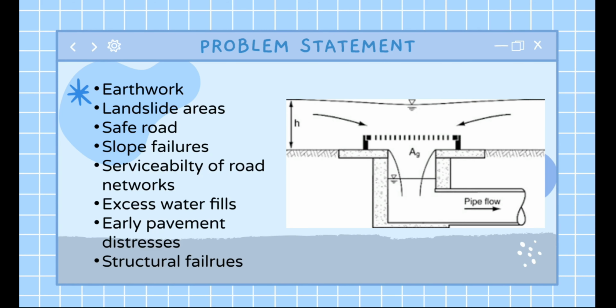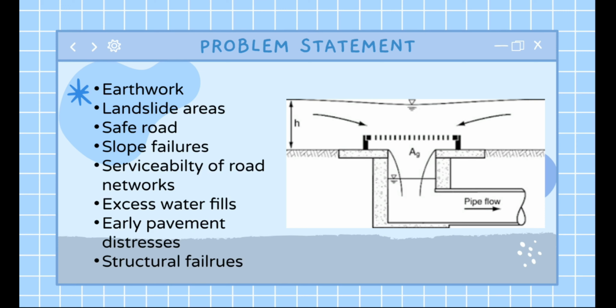For the problem statements, our group has chosen Kampung Sungai Yap for our final project. The project site has cut earthwork and fill earthwork in order to construct a 600 meter long road. The landslide areas should be stabilized to prevent slope failures from occurring, and the slope failures are mainly caused by groundwater.